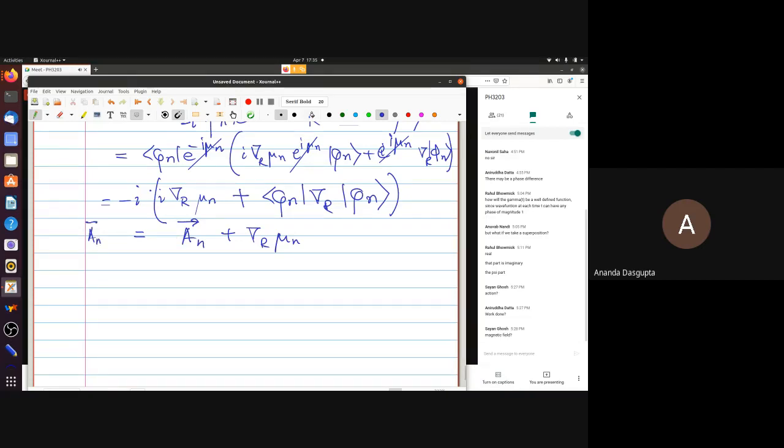When you redefine phi by multiplying it by different phase factors at different positions in the parameter space, which is perfectly legitimate, you can always do that. And what happens to an? An becomes an prime, which is an plus grad r mu n. Looks familiar?